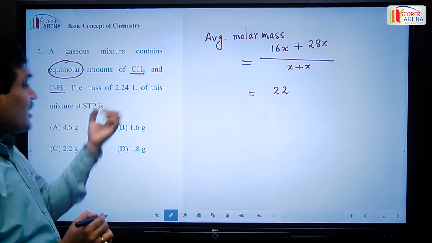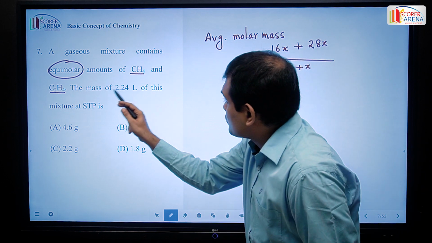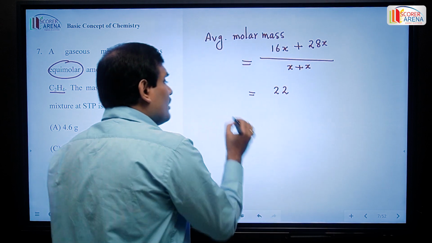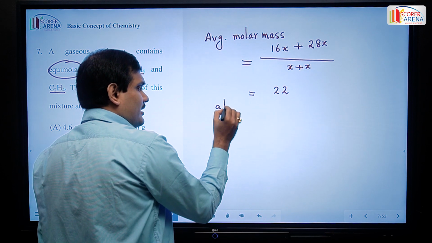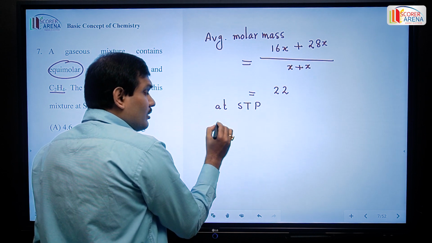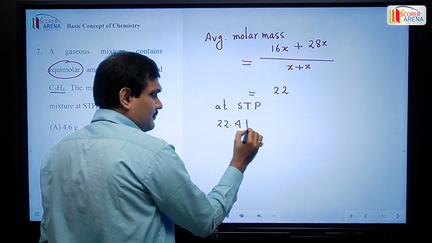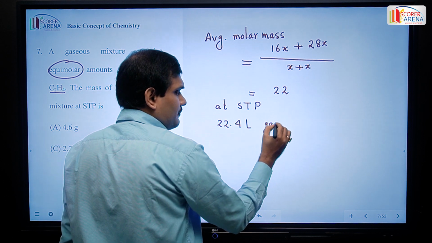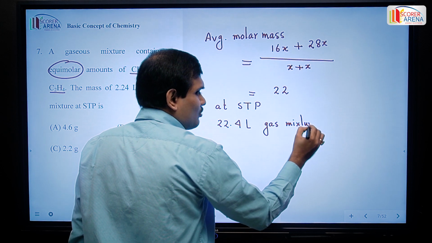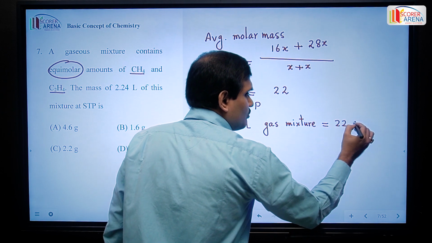Now it is asked what will be the mass of 2.24 liter of the gas mixture at STP. So at STP, 22.4 liter gas mixture will have a mass equal to 22 gram.